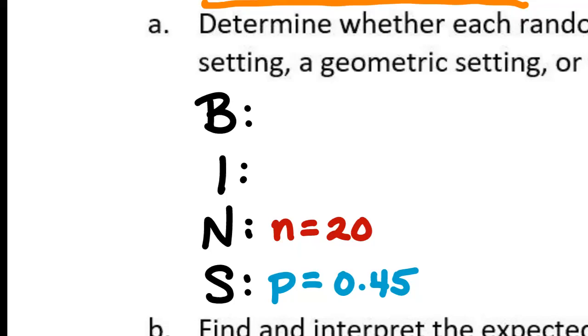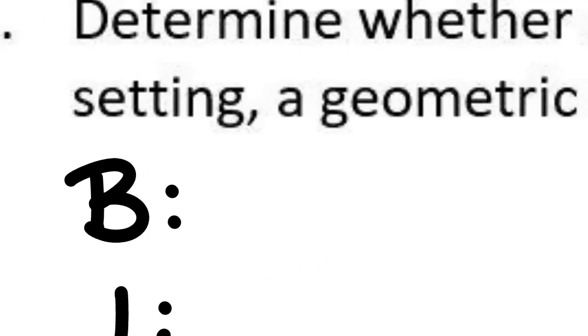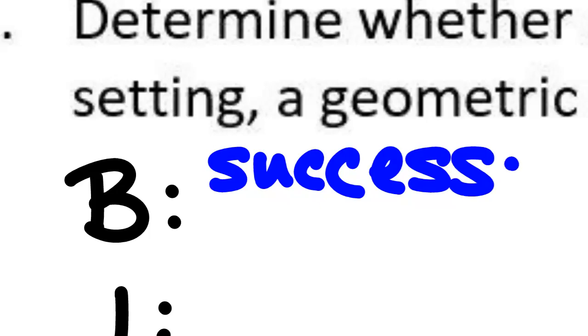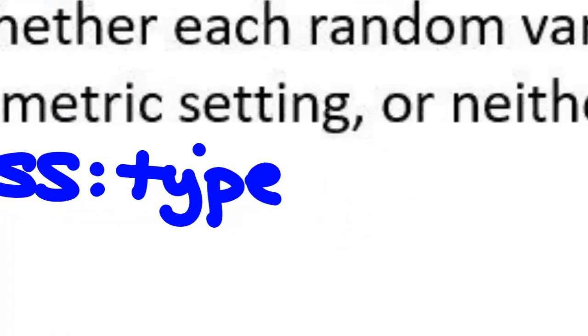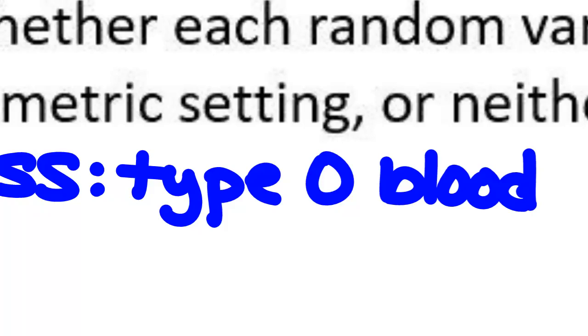Does it meet the independent condition? So binary, what do we think? Yes, success or failure. What would a success be here? Success would be type O blood. And so failure would be any other blood type.